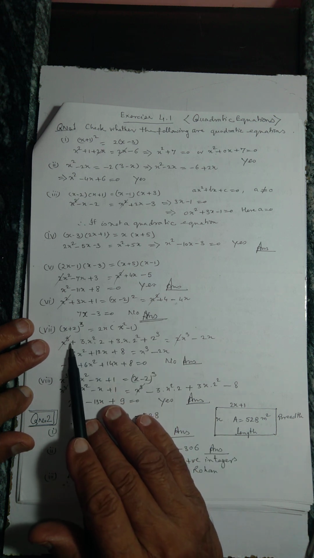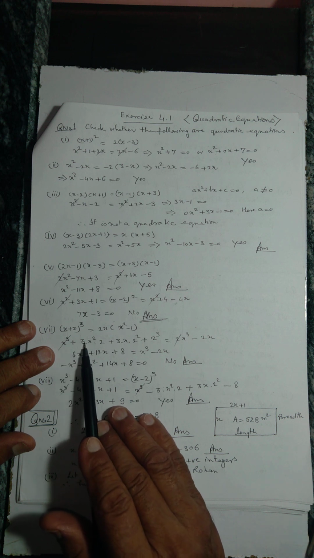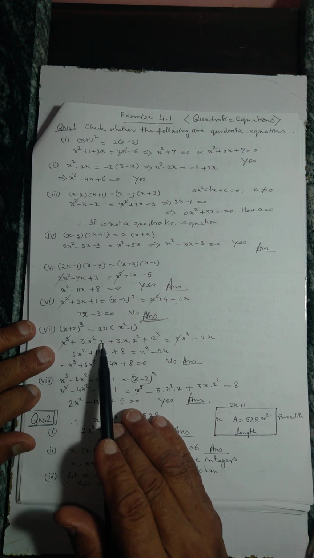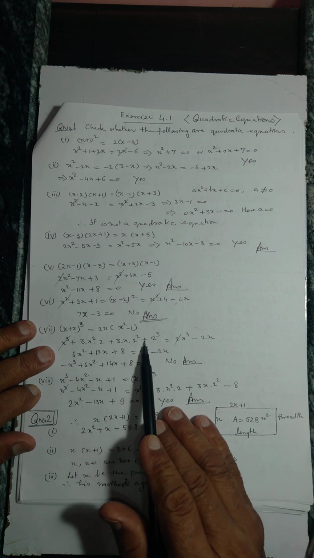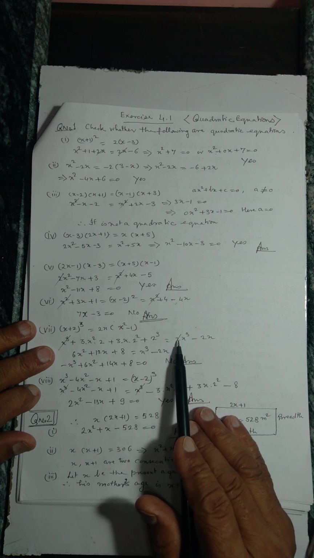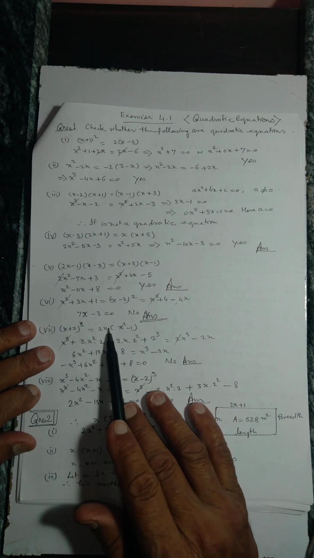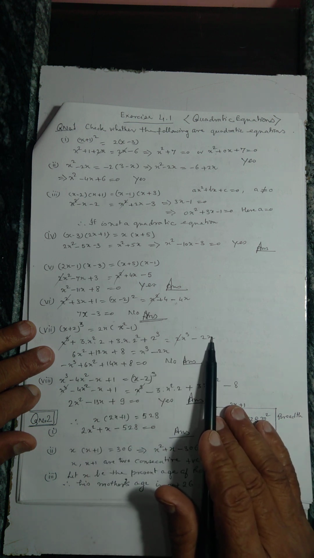Here I have written it: x cube plus 3x square into 2 plus 3 into x into 2 square plus 2 raised to power 3 equal to 2x cube minus 2x.